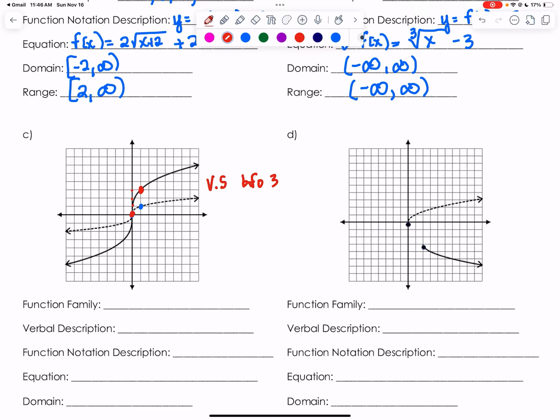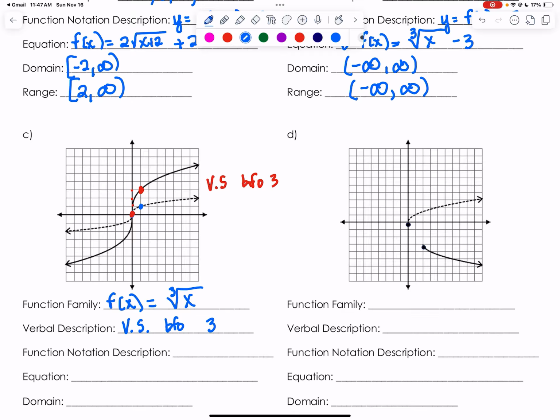All right, so our function family would be f of x equals cube root of x. Verbal description: it did not move left. It did not move right. The only thing that happened is a vertical stretch by a factor of 3.